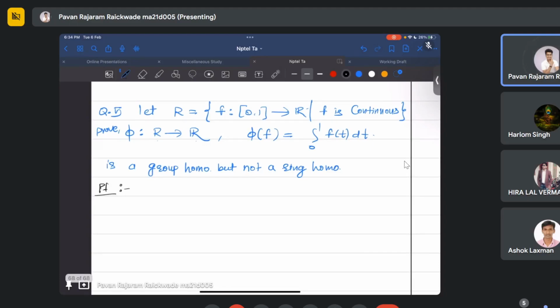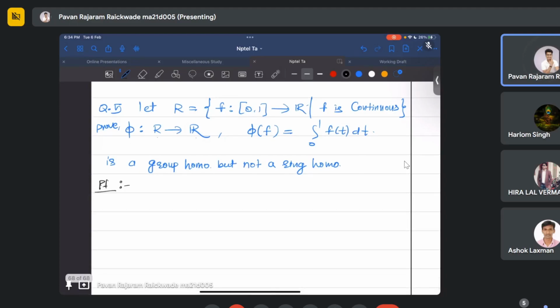For defining this group homomorphism, we need the structure on R. R is the set of all functions. So what is the addition? It's the pointwise addition. What is the multiplication? It's the pointwise multiplication. Suppose you take two elements f, g belonging to R. Phi of f plus g is the integral from 0 to 1 of (f plus g)(t) dt.